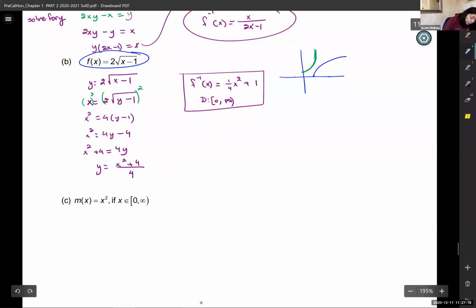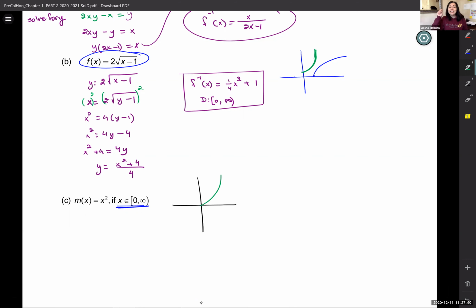In addition to this, we're given a restricted domain. This says the domain is only from 0 to infinity. That means that if this was the parabola, when it says the domain is only from 0 to infinity, it's only that part of the parabola. And that does have an inverse function.